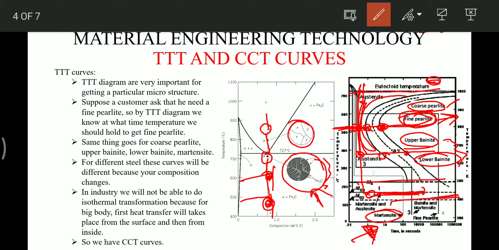So there won't be any isothermal transformation in the microstructure. For that we have continuous cooling transformation curves. In practical applications we get these curves. These are a family of curves which are utilized by manufacturers to get the particular microstructure for that particular steel.